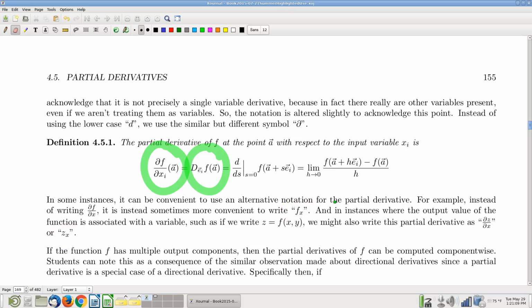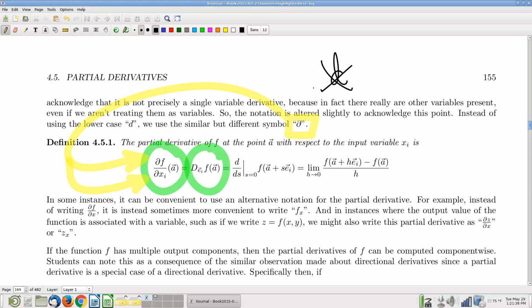Note this symbol here. That's not a D. Looks a lot like a D. It's not a D. It's also not a delta. A lot of students mistakenly think, oh, it's a funny looking lowercase d-like little symbol, must be delta, but it's not.